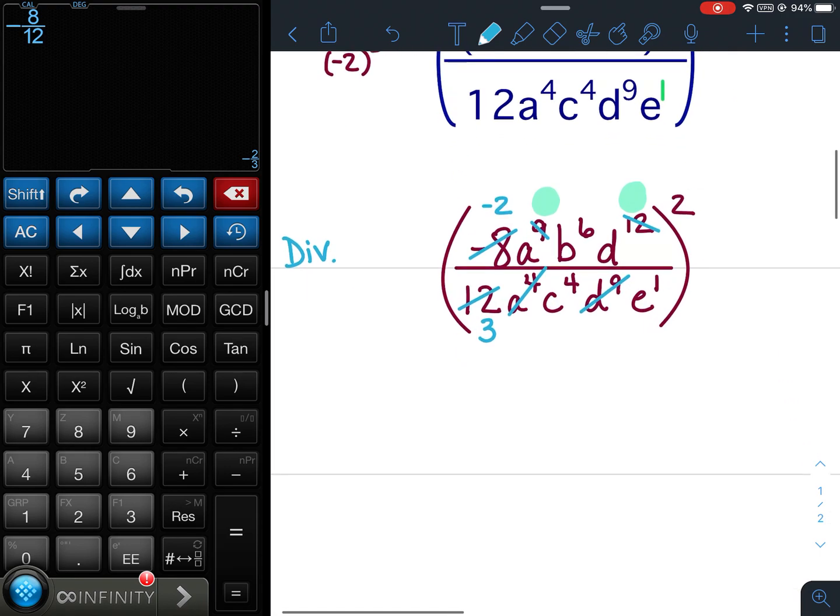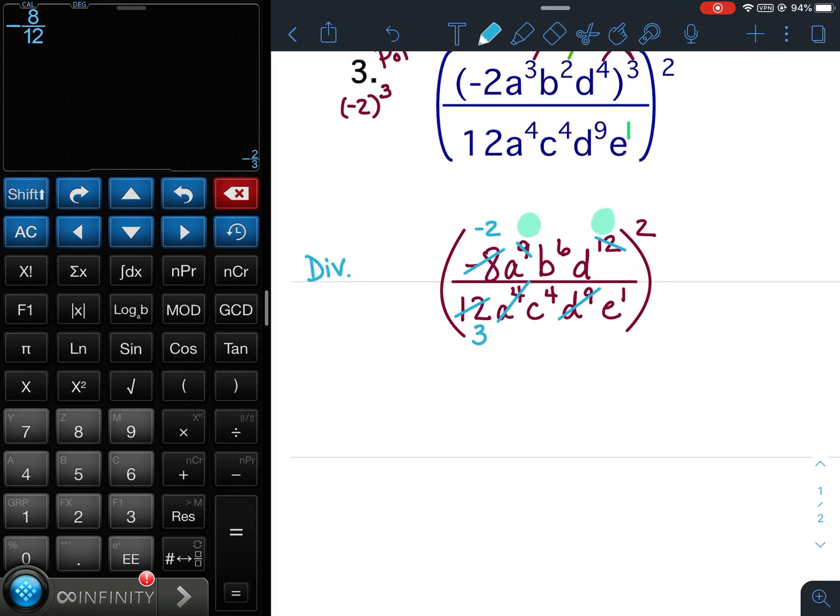After you divide, you always rewrite. So on top, I've got -2, a, and you have to figure out what that exponent is for the a, b to the 6th, d, and again, you needed to figure out what the exponent is for the d.